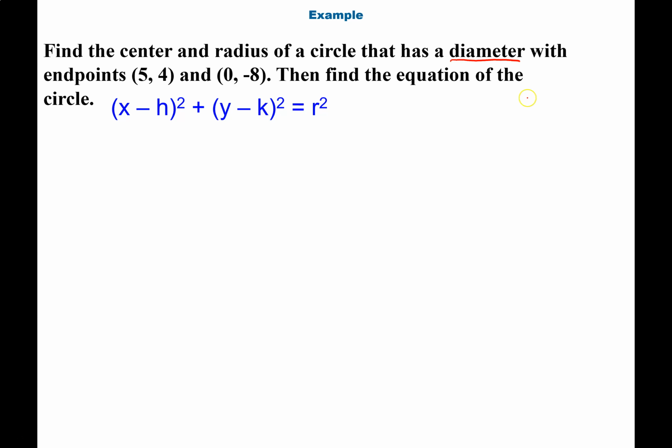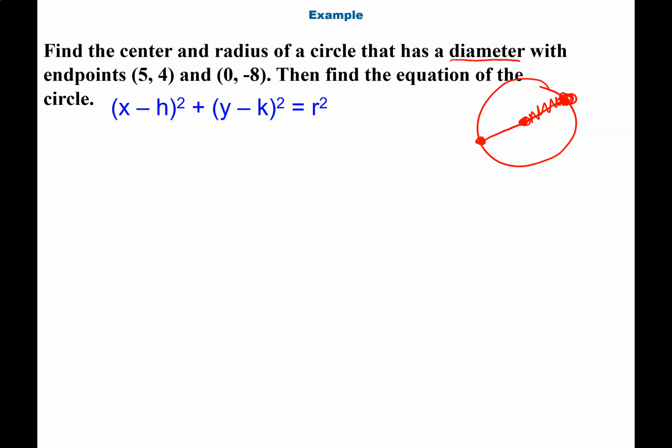Just in case you don't remember, that's our beautiful circle. Our center would always be in the middle of that circle. And the diameter is the line that cuts the circle in half. They're going to give us the coordinates from here to here. That's what they're giving us.